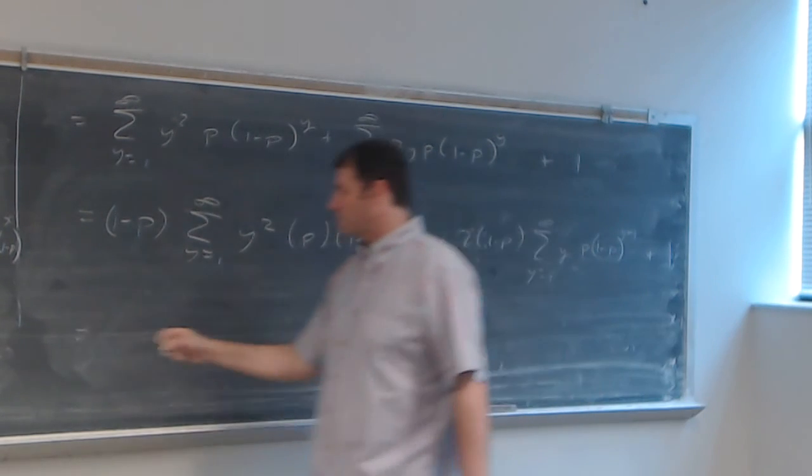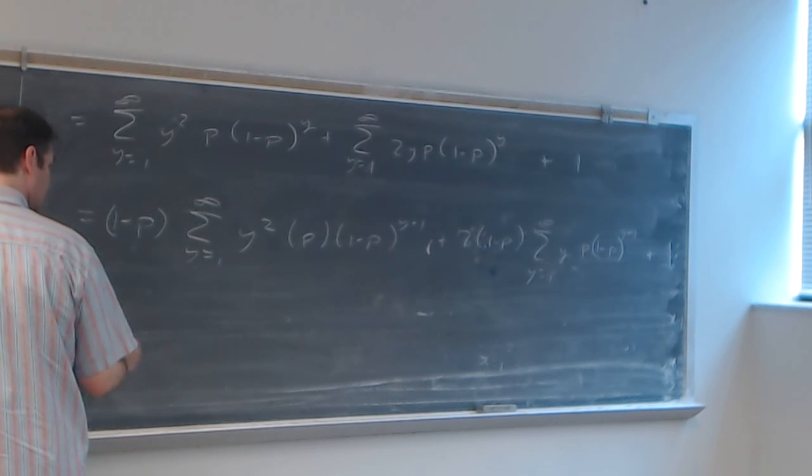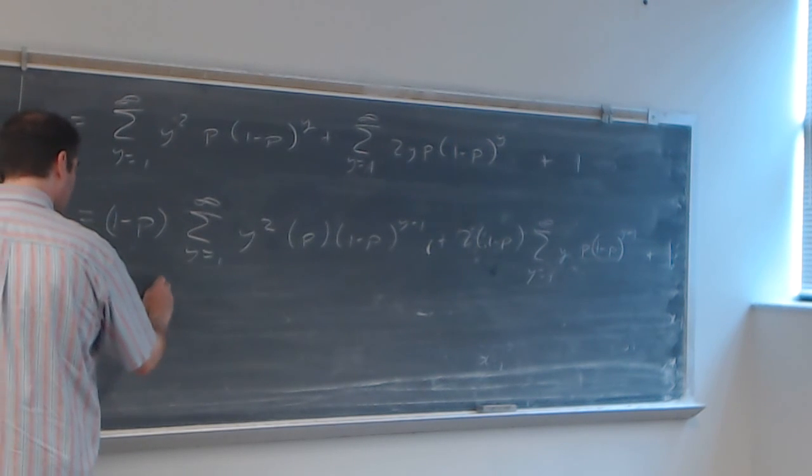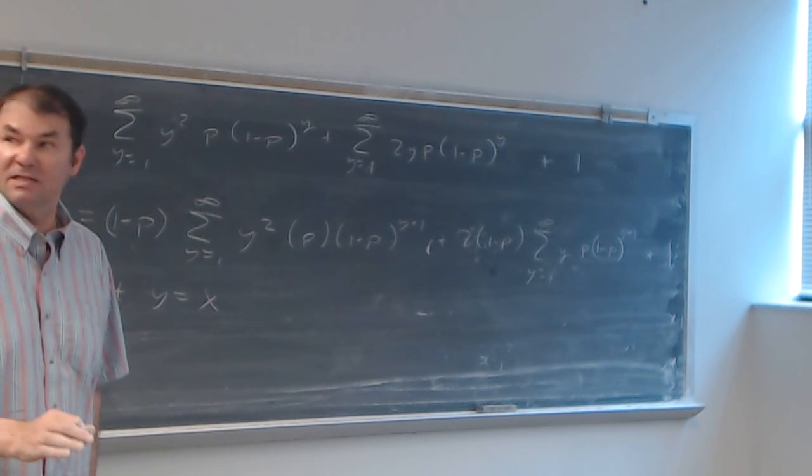And so, remember what we were trying to calculate? Let me write this so the symbols match up. Let's let y equal x, just to change a variable to make the symbols match up.